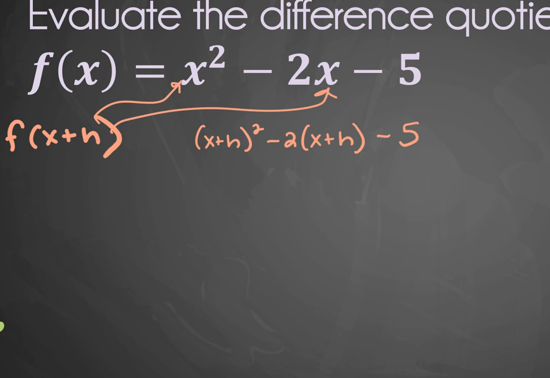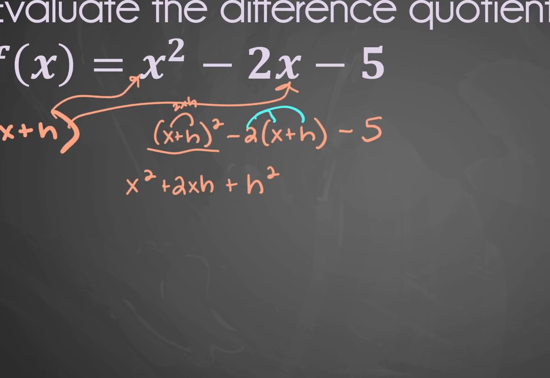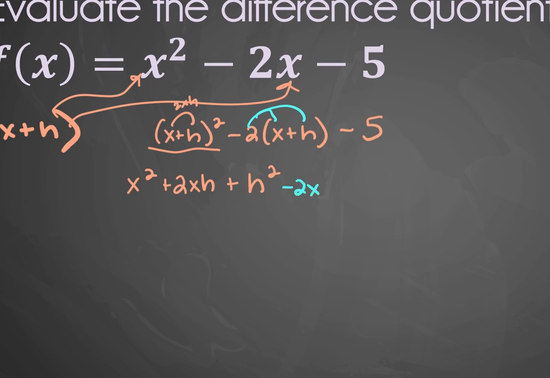Now I can either expand and FOIL that, or I can use my shortcut, which is square the first term, double the product, so positive 2xh, square the second term, then I'm going to distribute the negative 2, so minus 2x minus 2h, and then I bring down that minus 5.